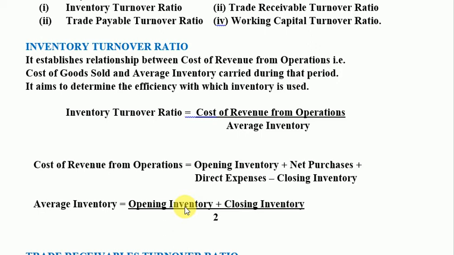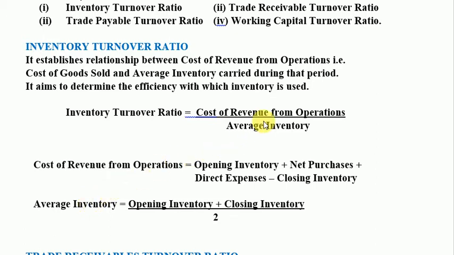That opening stock is our opening inventory, and on the credit side of trading account we used to write by closing stock after sales, and that is closing inventory. So if in your question you are given opening inventory and closing inventory separately, you need to add them and divide by 2 to arrive at average inventory. Otherwise, if only inventory is given, then you have to take it directly in the formula.